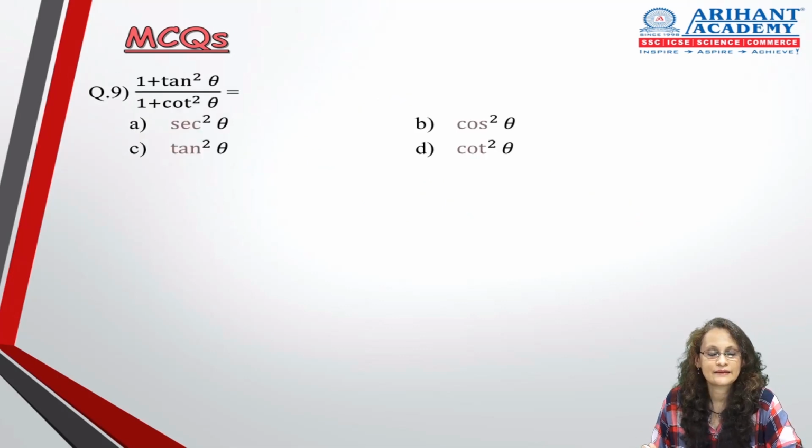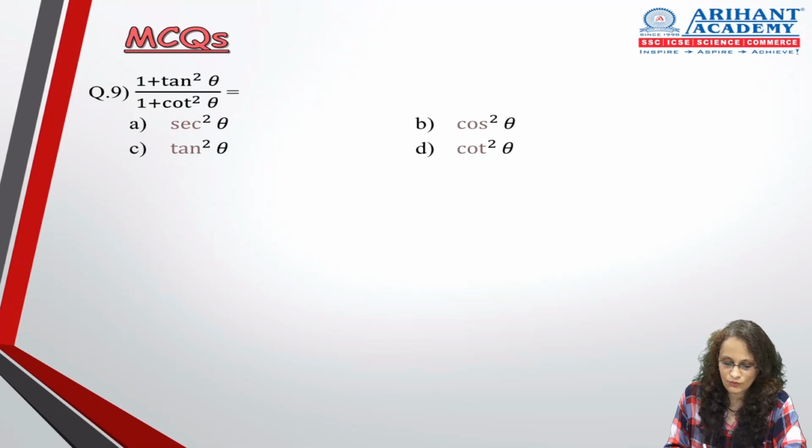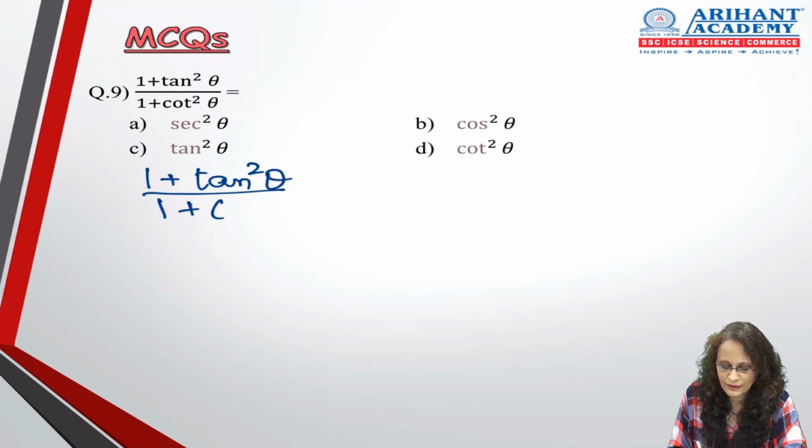The 9th MCQ now. 1 plus tan square theta upon 1 plus cot square theta is equal to what? Okay, so let me write the question for you. 1 plus tan square theta upon 1 plus cot square theta.